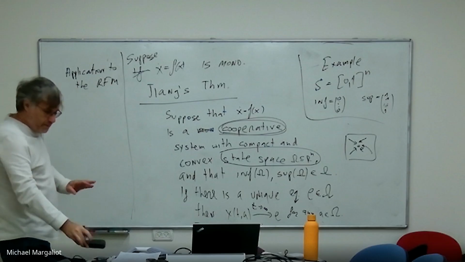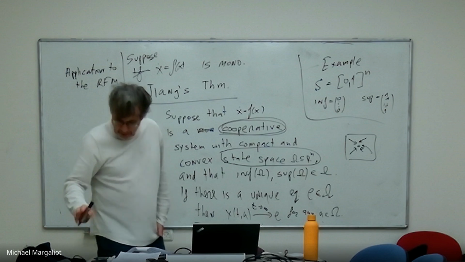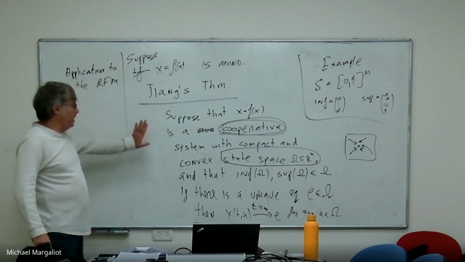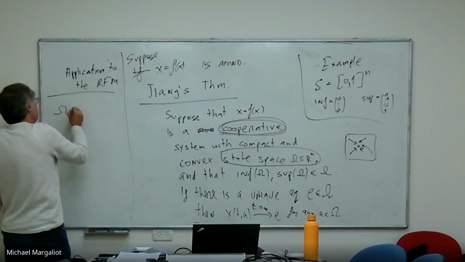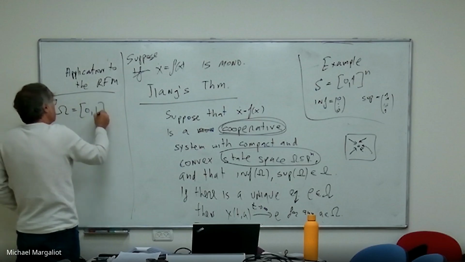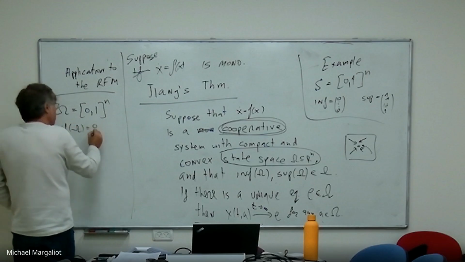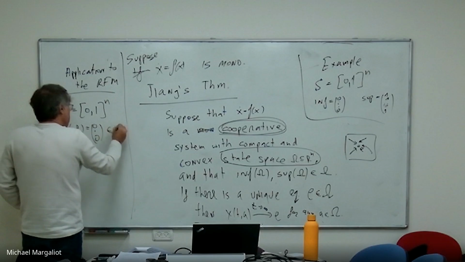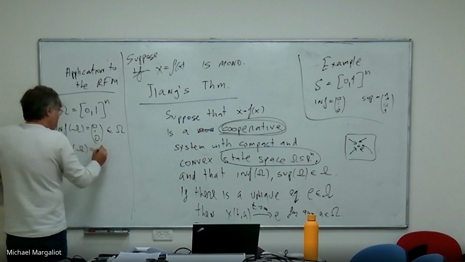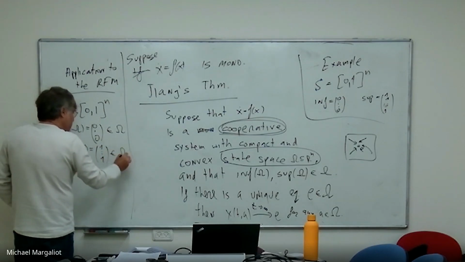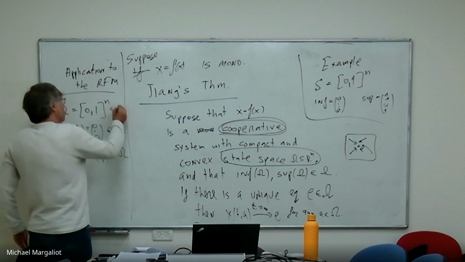So let's forget what we already proved for the RFM using contraction theory and just try to see what this tells us. First of all, the state space in the RFM is the n-dimensional unit cube, and the infimum, which is just 0, 0, 0, is inside omega, and the supremum, which is 1, 1, 1, is also inside omega, and omega is compact and convex.